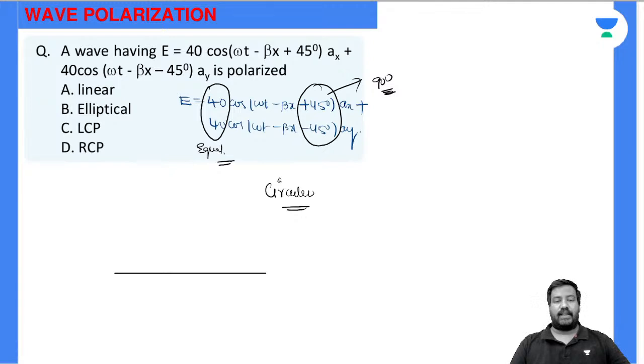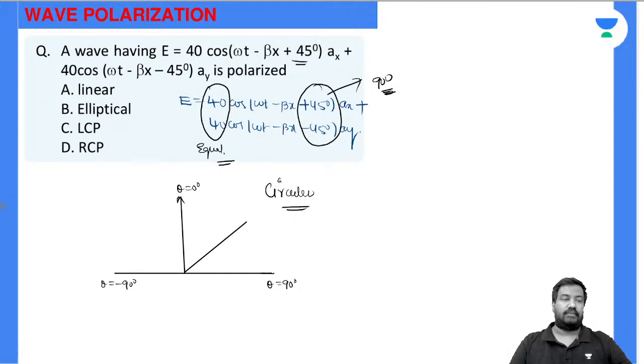I'll tell you a shortcut for this. Theta is 0. Theta is 90. Theta is minus 90. Take the first component, plus 45, somewhere around here.